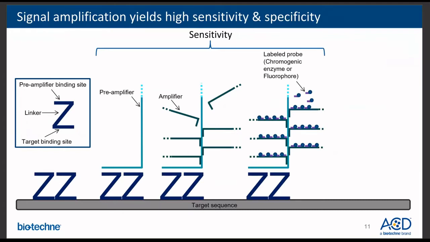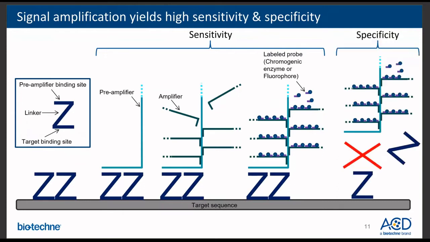The signal amplification strategy allows us visualization of target RNA as a single dot, where each dot represents an individual RNA molecule, which I've already mentioned before, and the specificity of our assay relies on this ZZ pair. On the right side, you guys can see that Z's would bind to the target sequence, but the amplification tree would not be able to form if only one single Z is bound to the target.